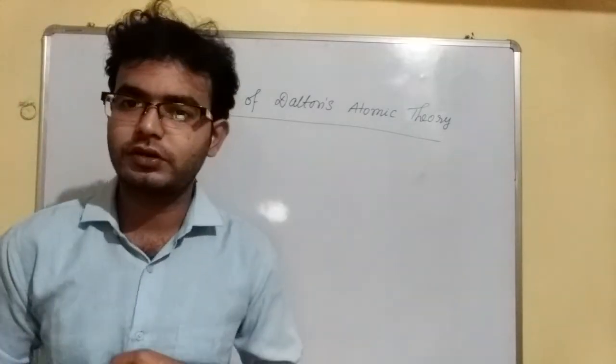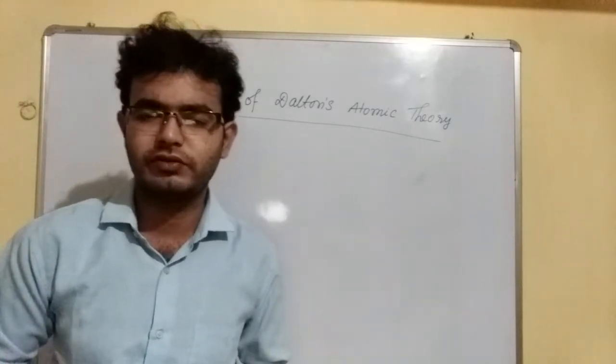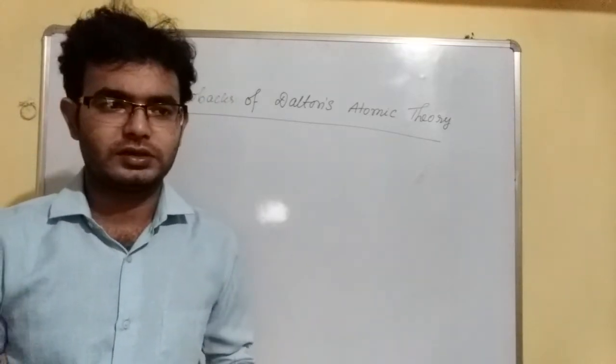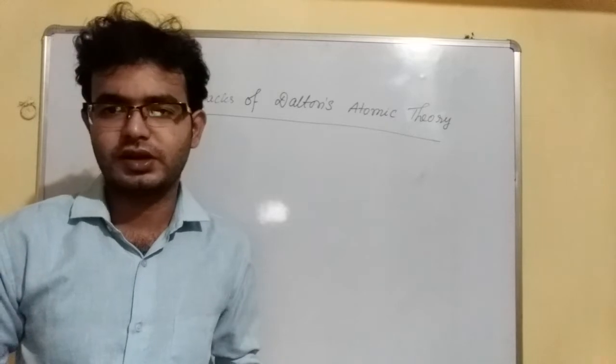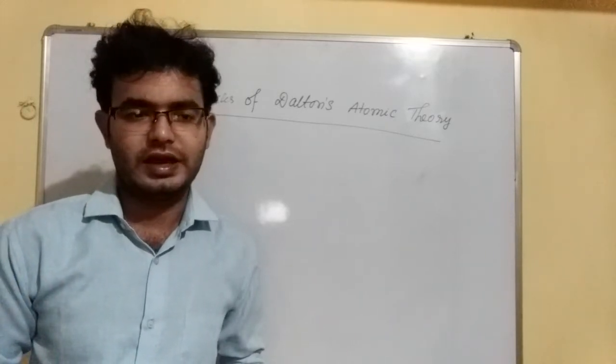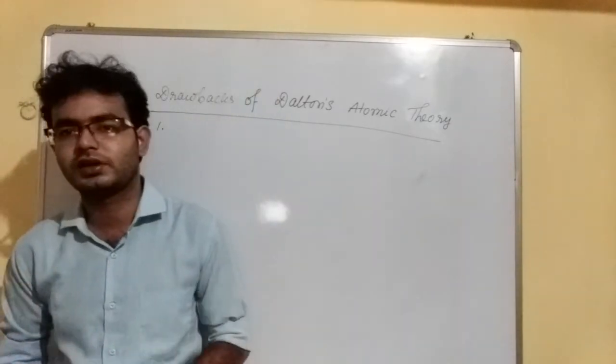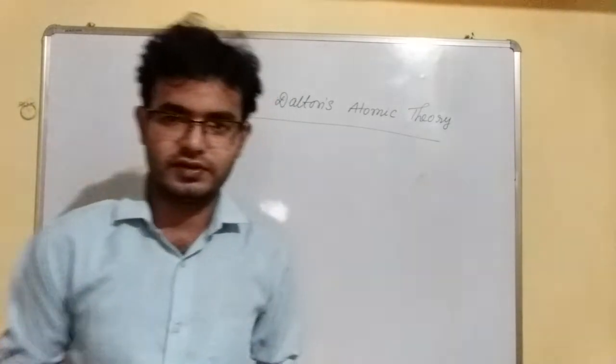in the first point of Dalton's atomic theory, we learned that atoms can neither be created nor be destroyed in a chemical reaction, and atoms are indivisible. Means in the first and second points we learned that atoms are indivisible.